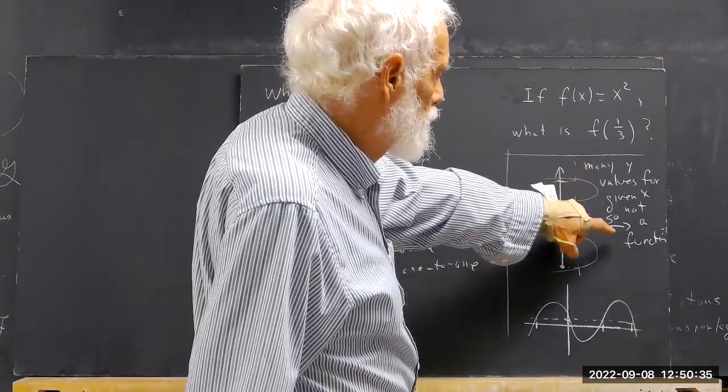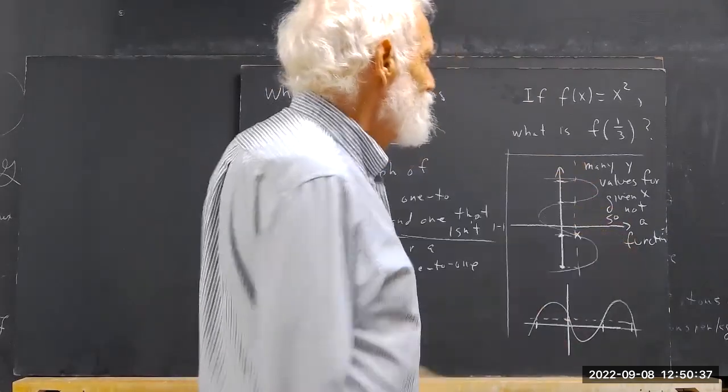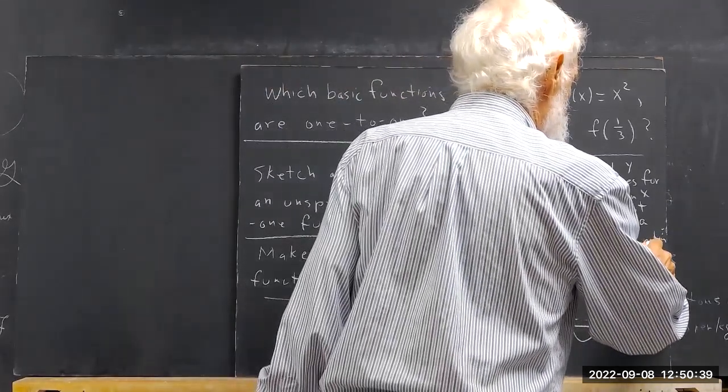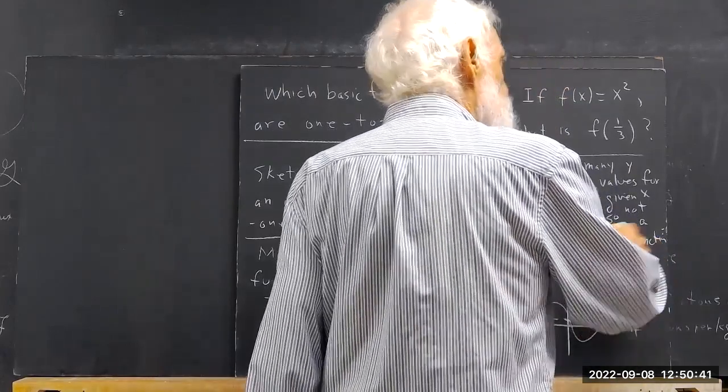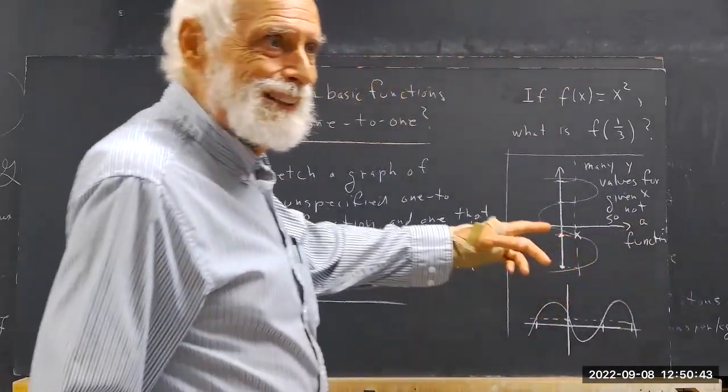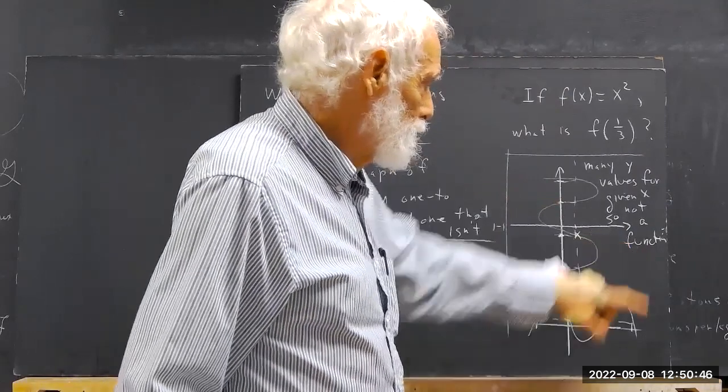Many y values for a given x, so it's not a function. No, I didn't have room to write out function. I wasn't smart enough to start over here. I think you see what that means.